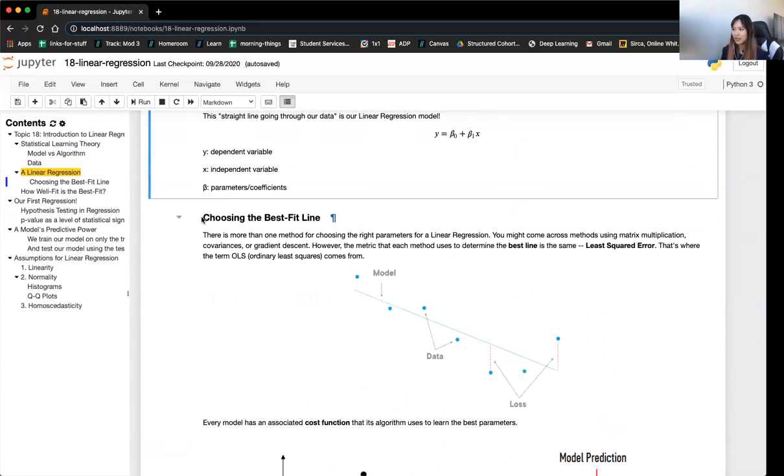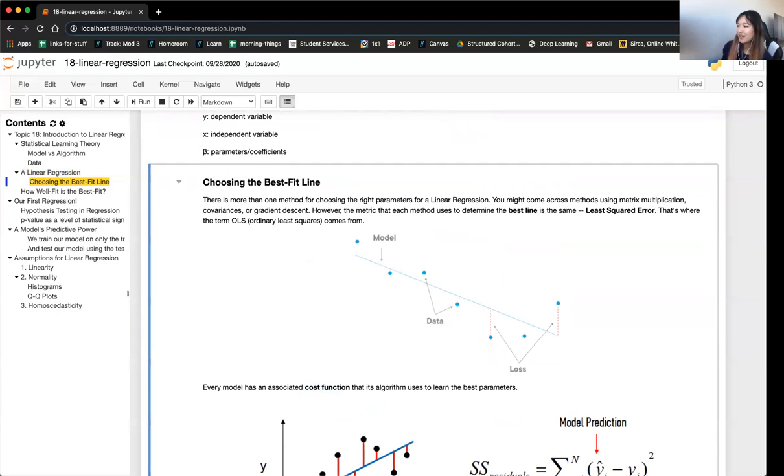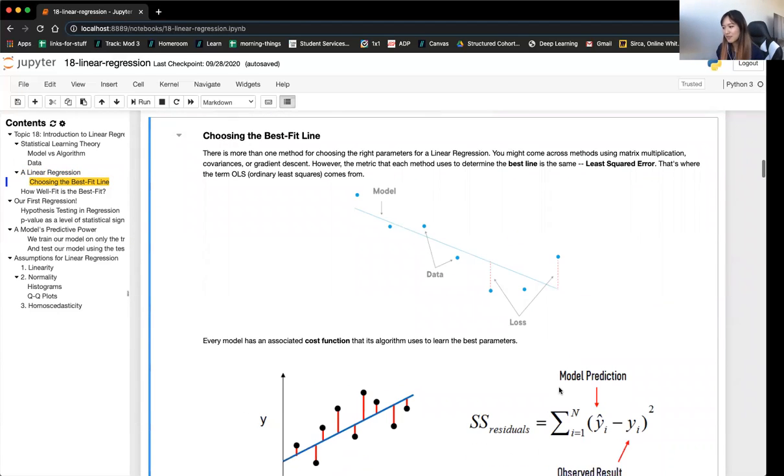Actually at the start of next phase, we're going to talk more about machine learning and how that works. But with every machine learning model, and this is actually a machine learning model as well, there's an associated cost function. The cost function basically measures error in your model, or is some metric you can use to improve the fit of your model.